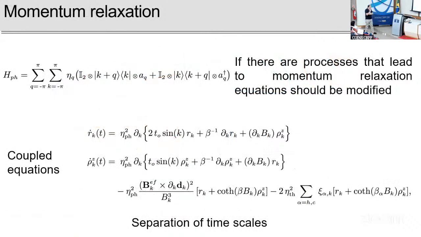Now, so far I considered the case in which only the two paths that lead to some energy exchange are important, but in general there may be situations in which also the orbital degrees of freedom will be connected to the path, leading to some momentum relaxation.